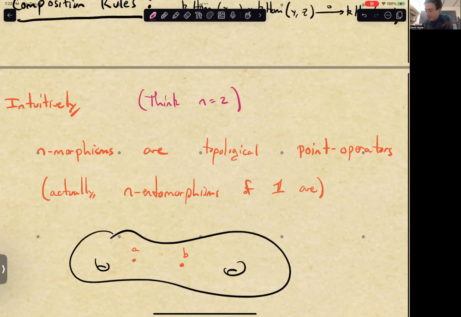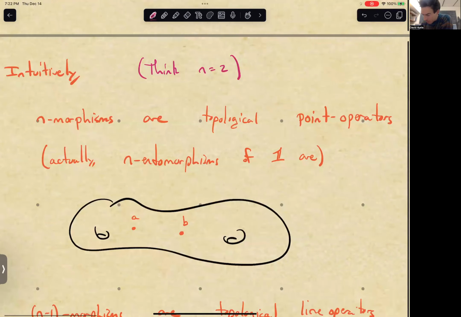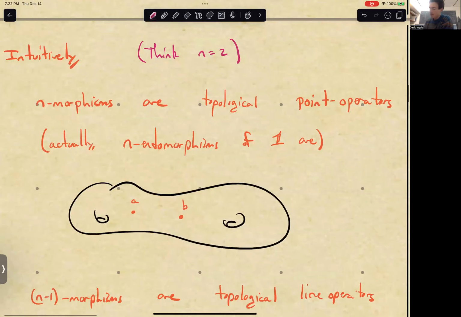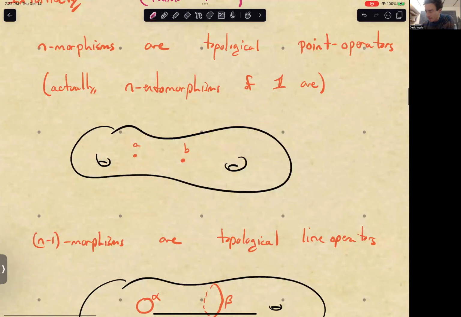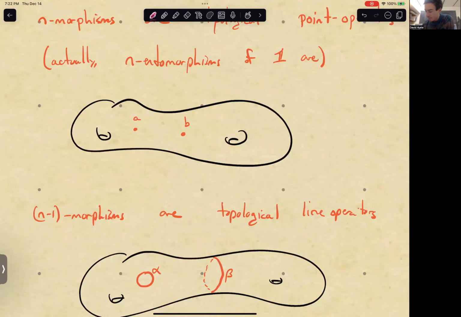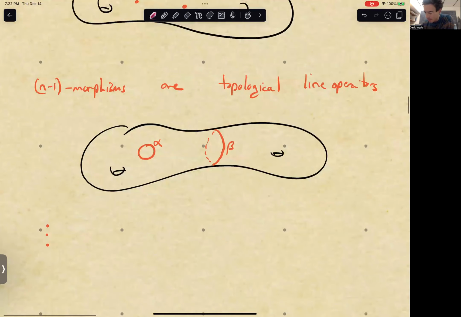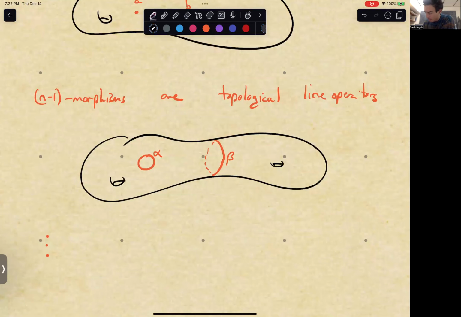And actually, this way of talking about the n-morphisms is only valid if they're n endomorphisms of that special point that we chose. So think of the unit. N-1 morphisms you can think of as topological line operators, etc. Let me draw a couple more pictures.